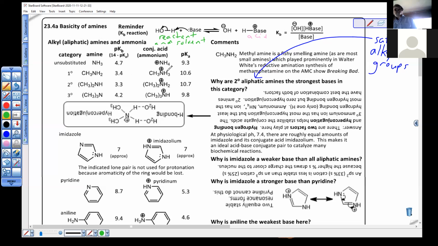Similarly, this one has more hydrogen bonding than this one with water, yet it only has 1 methyl for hyperconjugation. So this has the best combination of hyperconjugation with the 2 groups and hydrogen bonding with these 2 hydrogens. This one has the best hydrogen bonding, but absolutely no hyperconjugation.